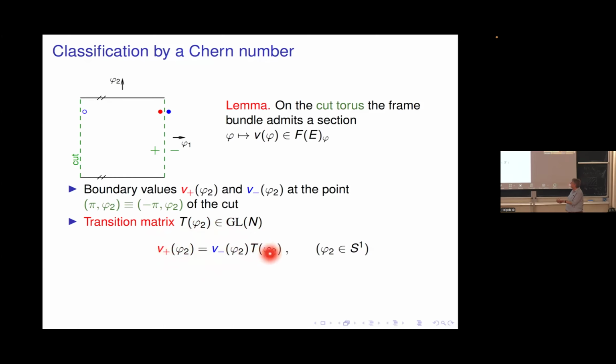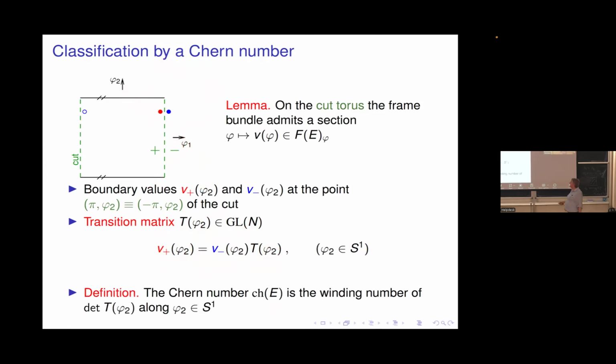If both are bases, then this transformation matrix is invertible. You have one for each point phi 2, as phi 2 runs over that cut, which in itself is a circle.